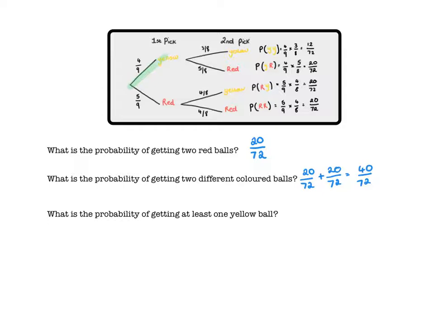What is the probability of getting at least one yellow ball? There are 3 ways of getting at least one yellow, so yellow and yellow, yellow and red, red and yellow. So you can add these 3 probabilities together.